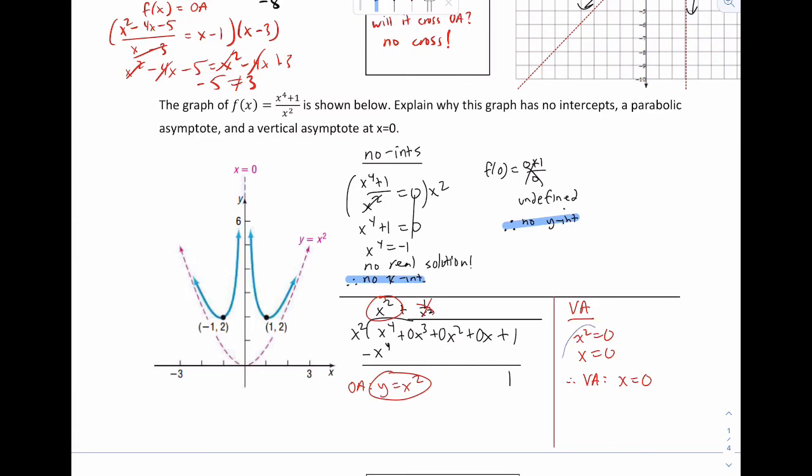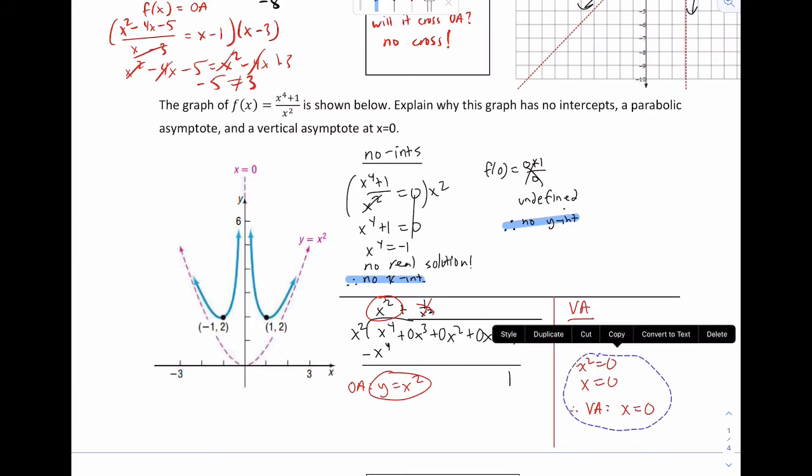I'll make it a little cleaner actually. Let's pull this down. We'll make a note that f of x is already simplified. So, and there it is. That's every piece we needed.